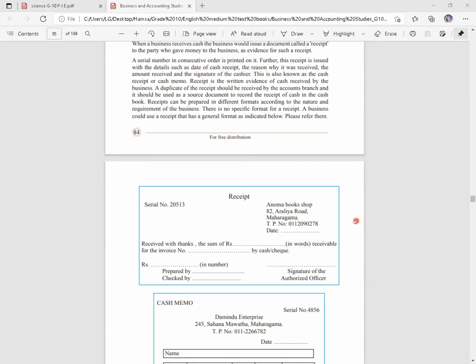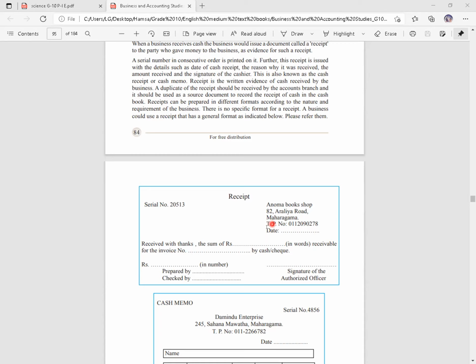So receipts can be prepared in different formats according to the nature and requirement of the business. This is not the exact format, but you should know these details should be there in your receipt. Different businesses will use different formats.